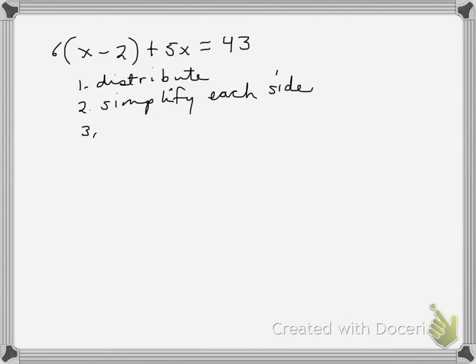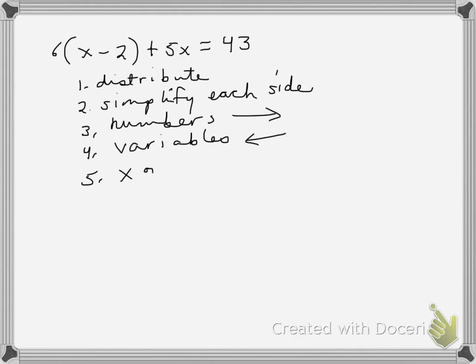Then numbers move to the right of the equation, and variables move to the left of the equation, and then you'll have a final multiplication or division, perhaps.